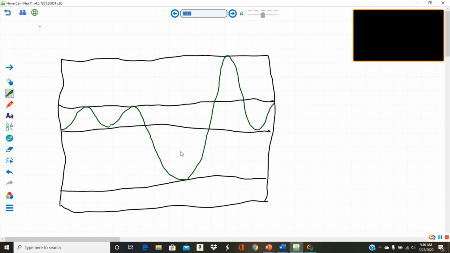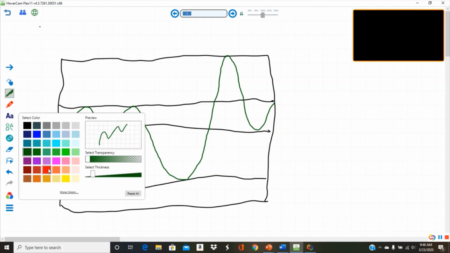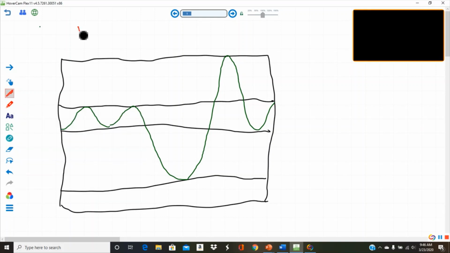Okay, so let's start with the volumes of air that we are calculating here. Red equals volumes. These are volumes. So this is our resting tidal volume, V sub T. V sub T, tidal volume, is the amount of air moved in a normal, quiet respiratory cycle.